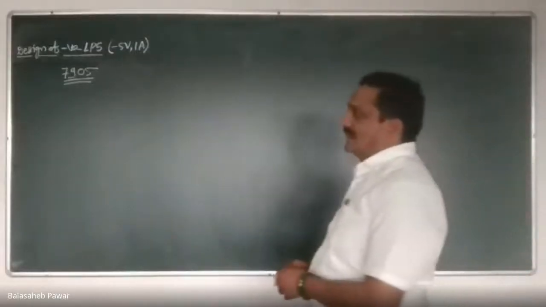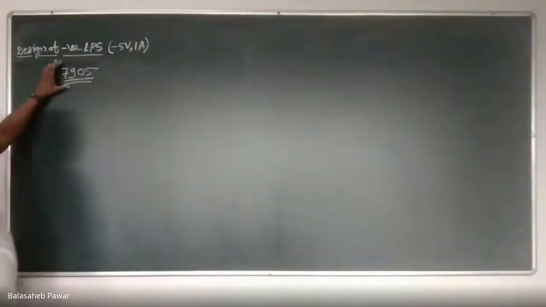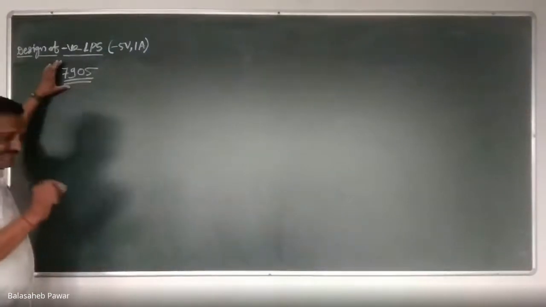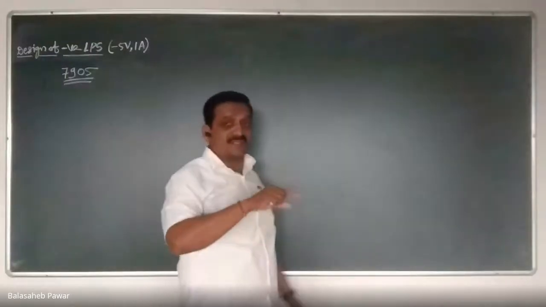Now, the main thing you have to remember: whenever you are using any regulator, either positive or negative, you have to think about its input in terms of positive or negative.